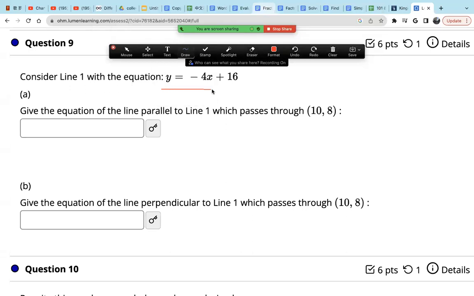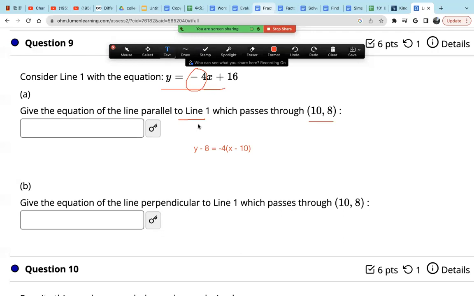So we have this equation of a straight line. Given the equation, parallel to this one means the two lines have the same slope. But this one passes through the point (10, 8). So we want to use the point-slope formula. y minus y1, which is 8 in this case, equals negative 4 times x minus x1, which is 10.